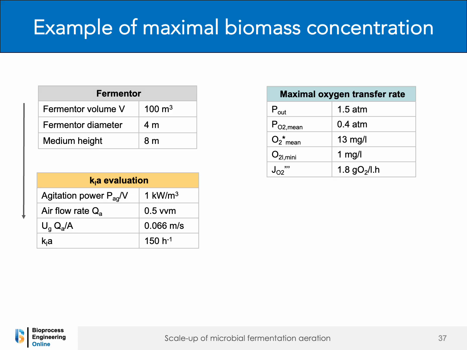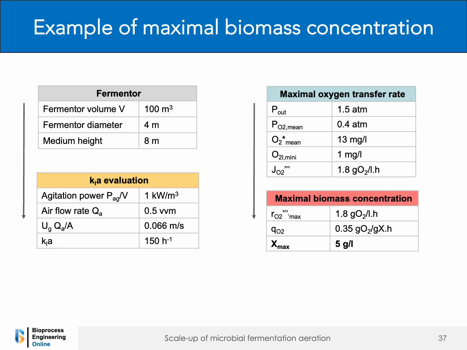Under these conditions, the mean oxygen partial pressure in the fermenter is about 0.4 atmosphere, corresponding to a mean oxygen solubility of approximately 13 milligrams per liter. Assuming a minimum allowable dissolved oxygen concentration of 1 milligram per liter, the maximum usable volumetric oxygen transfer rate is around 1.8 grams of oxygen per liter an hour.